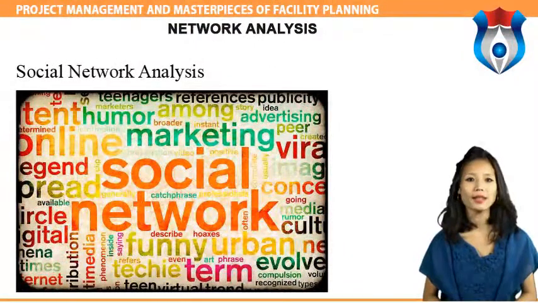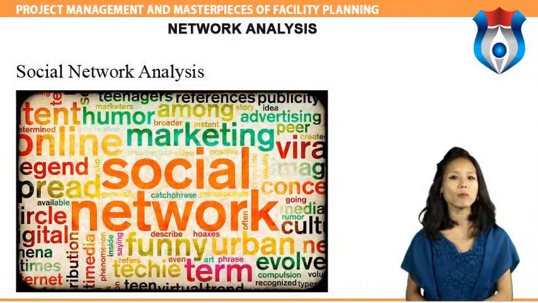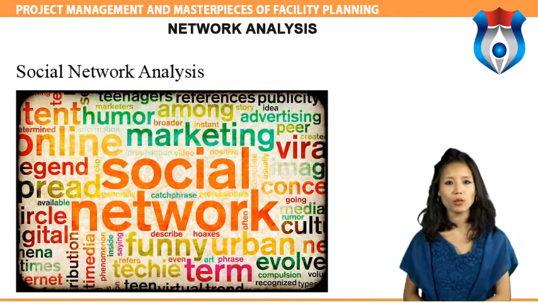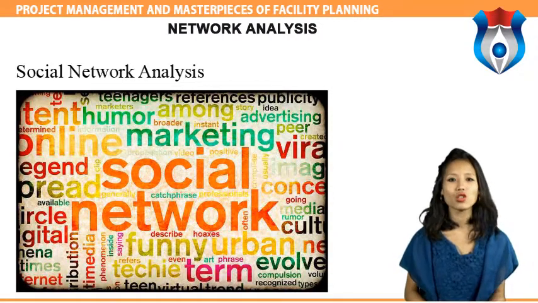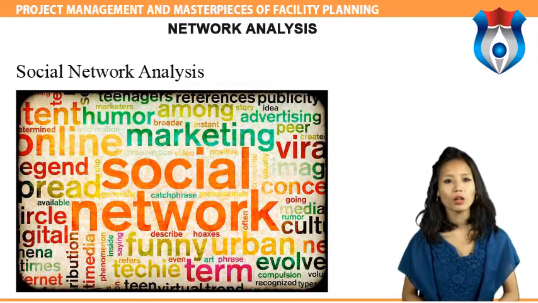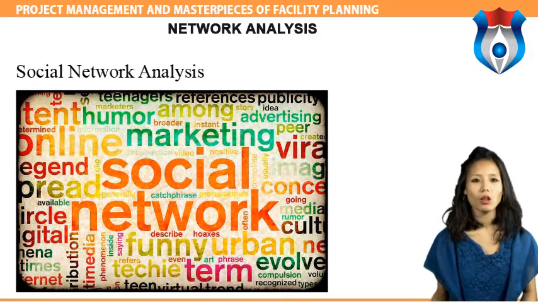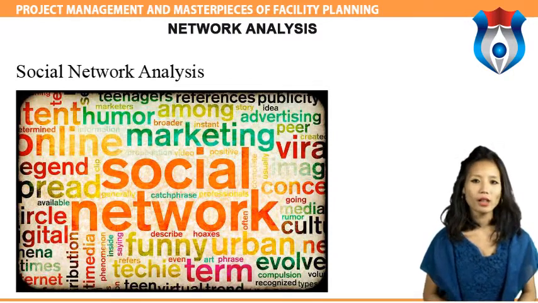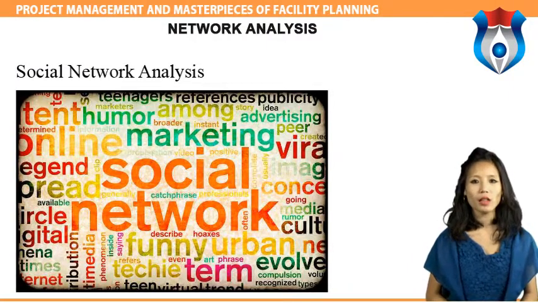Social network analysis. Every kind of social aggregation can be represented in terms of the units composing this aggregation and the relations between these units. This kind of representation of a social structure is called a social network. In a social network, every unit, usually called a social actor, such as a person, a group, an organization, a nation, and so on, is represented as a node.